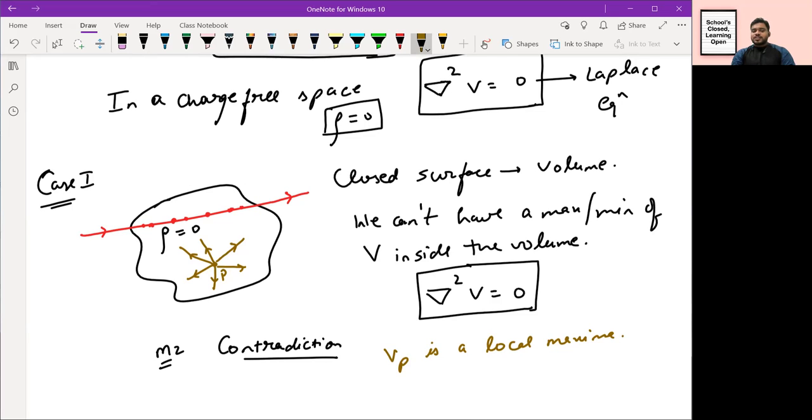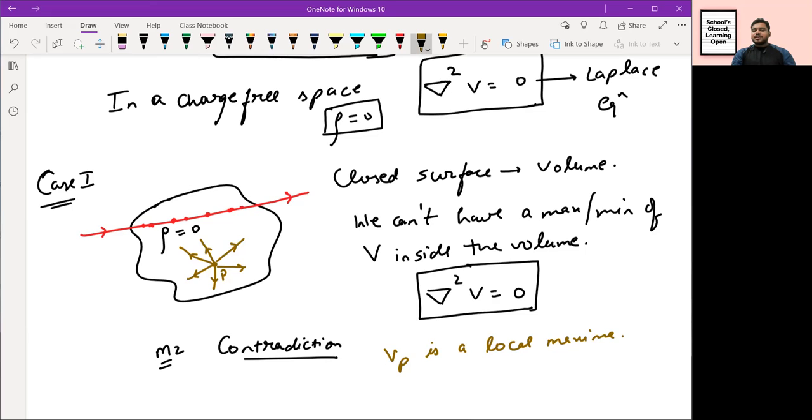So these brown lines that I have drawn are electric field lines, because from that point P in every single direction the potential is decreasing. That means electric field is going outwards from P, correct?